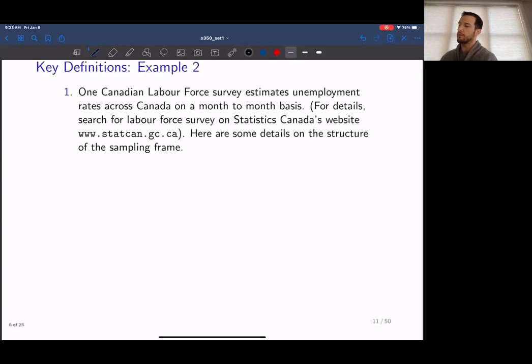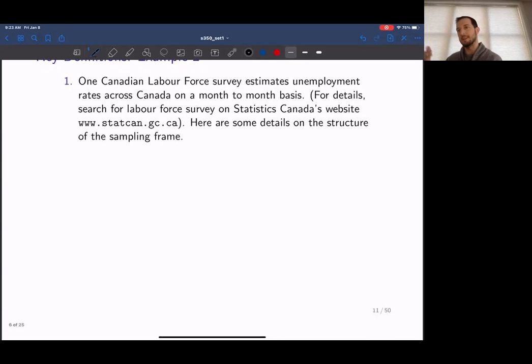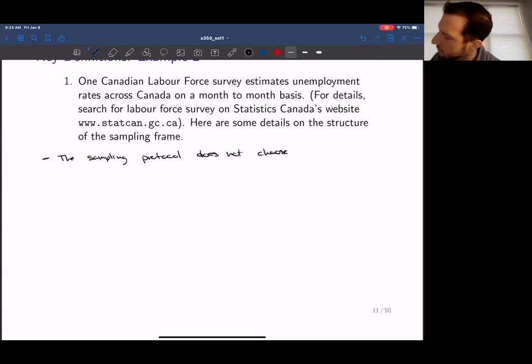Okay, so let's talk a little bit about the sampling frame for this particular problem, just to give us an idea of StatCan's approach to collecting information on unemployment. Okay, so first off, the sampling protocol does not choose sampling units.